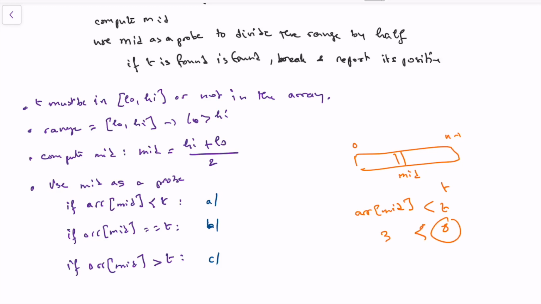If we go left, we will find only values smaller than 3, which will still be smaller, so there is no chance of finding something equal to 8, and so we need to go right. So that's action A here: go right.